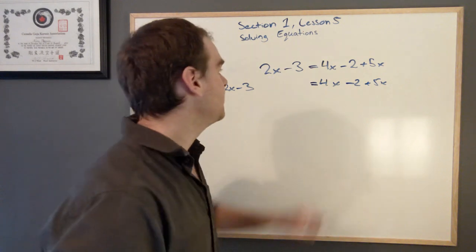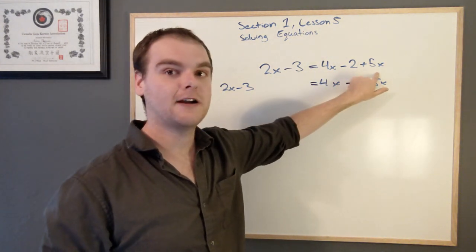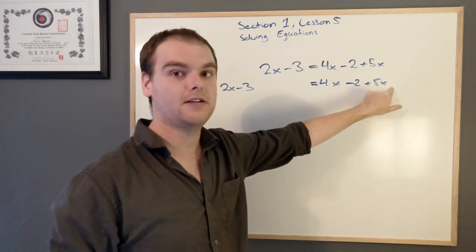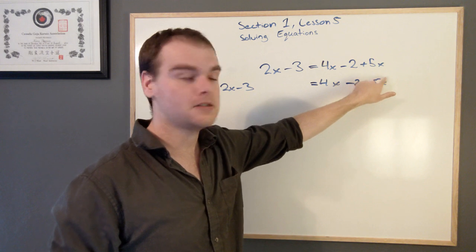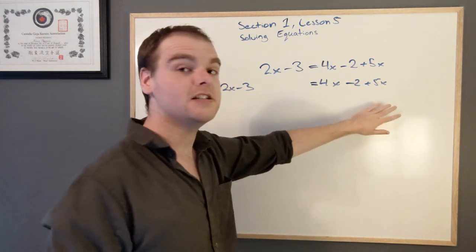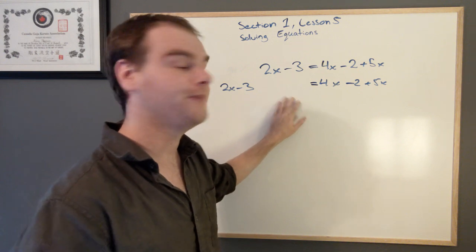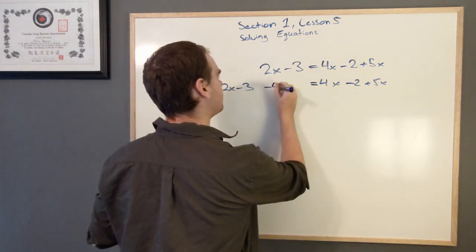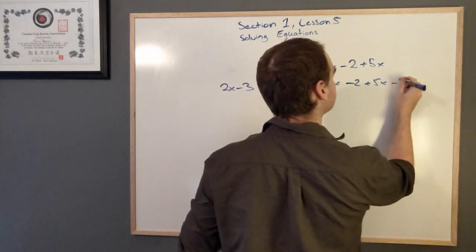To do that, I am going to subtract 4x and subtract 5x from this side. By doing that, those will cancel these guys out. And to keep it the same, I have to do the same on this side too. So I subtract 4x and subtract 5x.